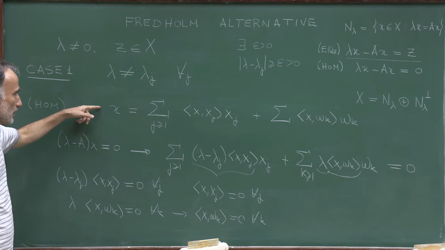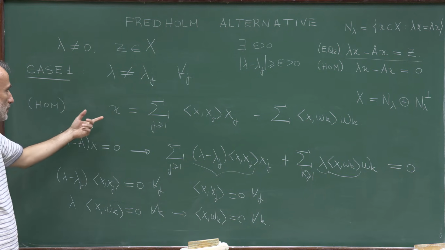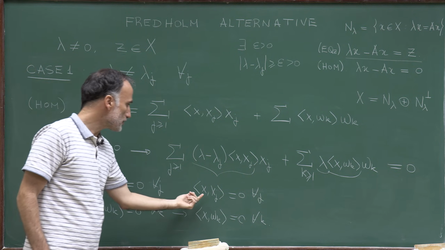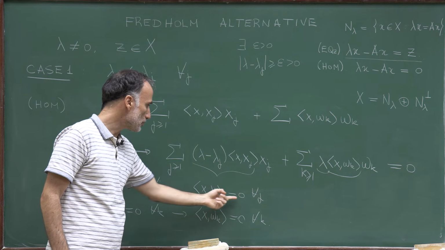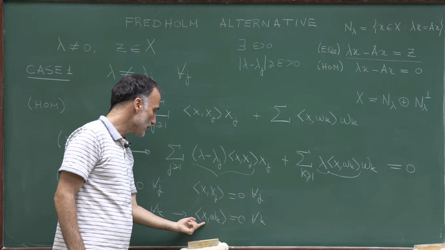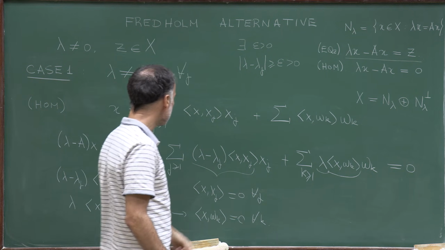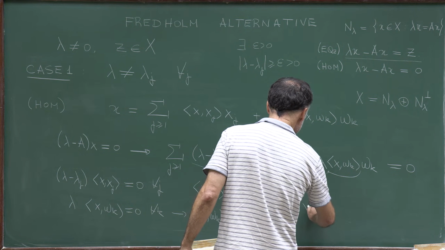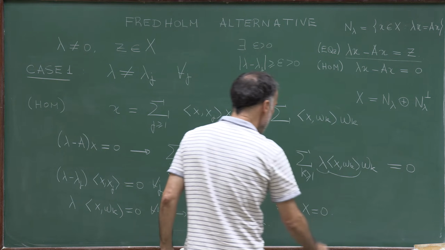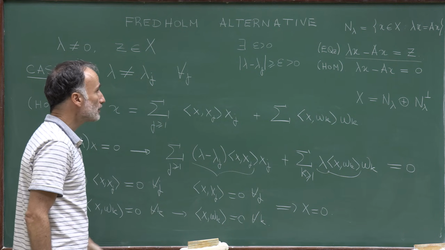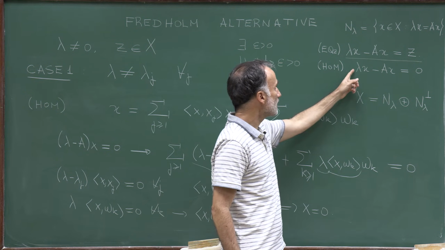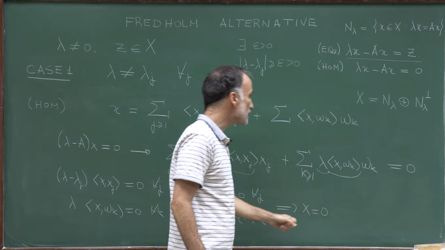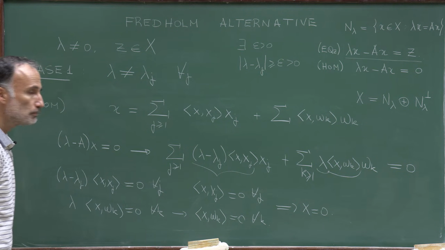So if we go back to this representation of x, we have that the scalar product of x with x_j is equal to 0 for all j, and the one of x with w_k is also equal to 0, and so this means that x is equal to 0. Which means that the homogeneous equation has only one solution, which is x equal to 0.